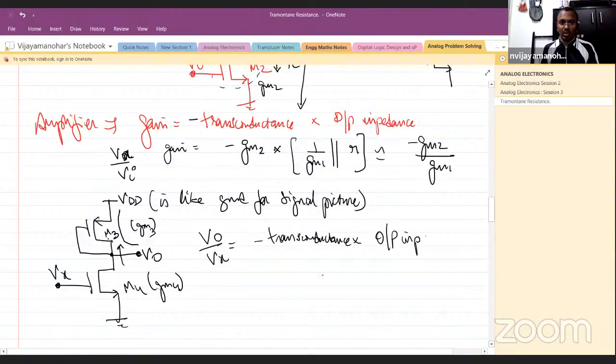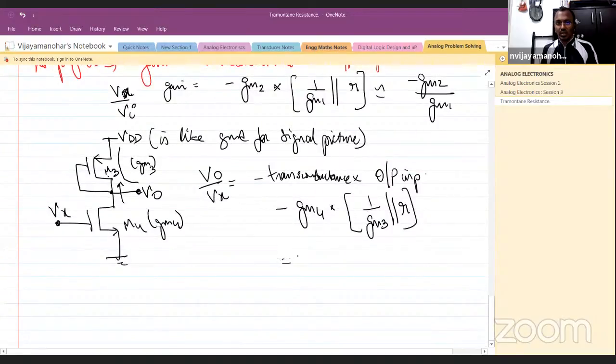The transconductance, this is the amplifier, will be Gm4, into the impedance looking into the drain with a diode connection, which will be 1 by Gm3 parallel to R of the bottom transistor. So this is going to be minus Gm4 divided by Gm3. This is V0 by Vx.